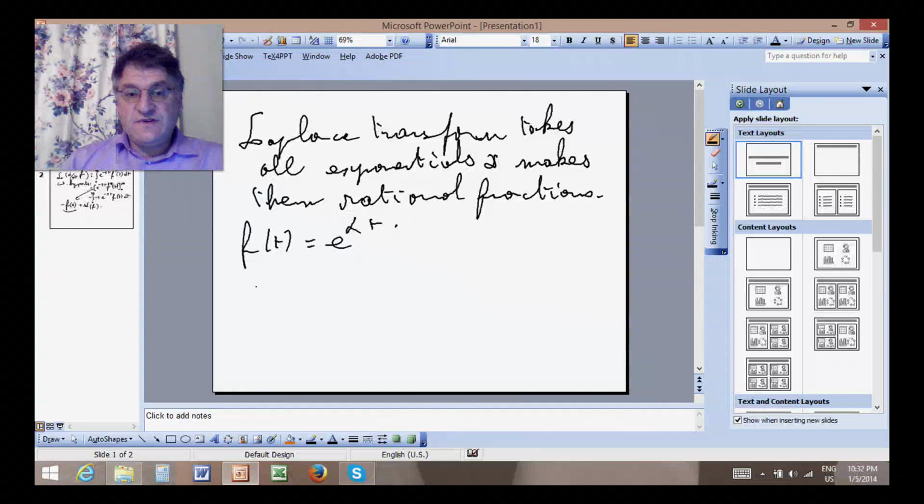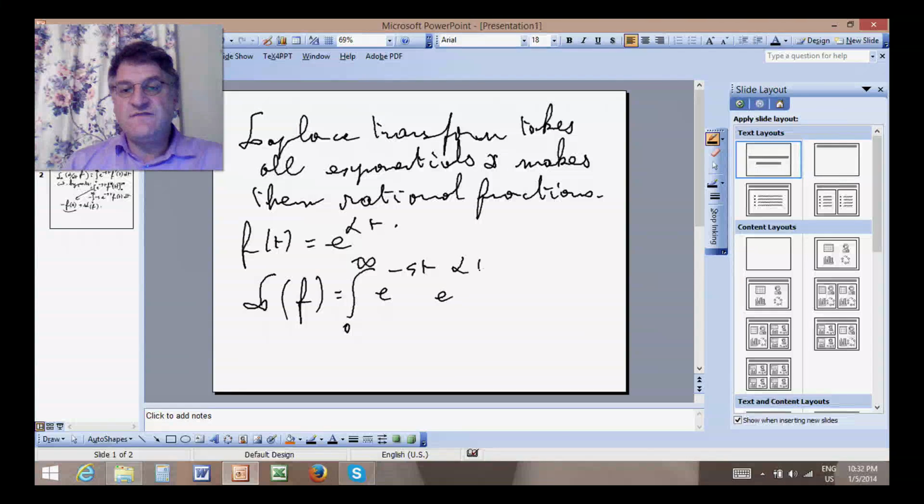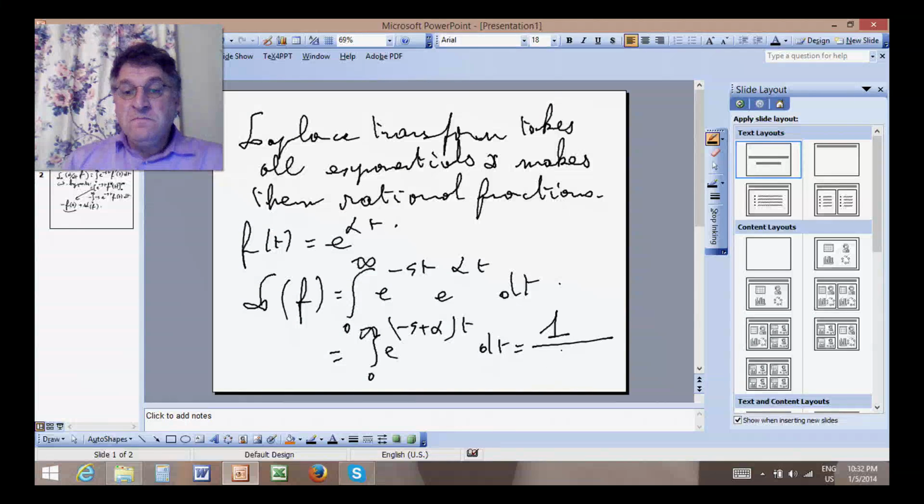What I will get is that the Laplace transform of f, which we have already seen, is the integral from 0 to infinity of e to the minus st e to the alpha t dt, which will simply be equal to the integral from 0 to infinity of e to the minus (s minus alpha) t dt, which is 1 over s minus alpha.